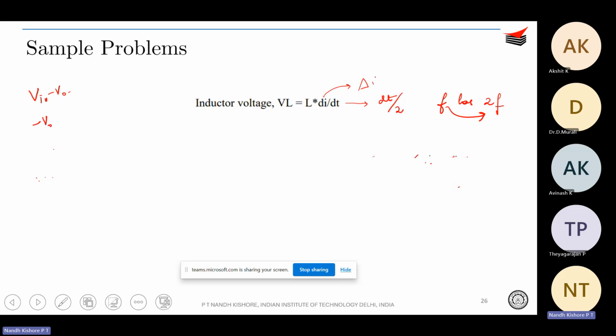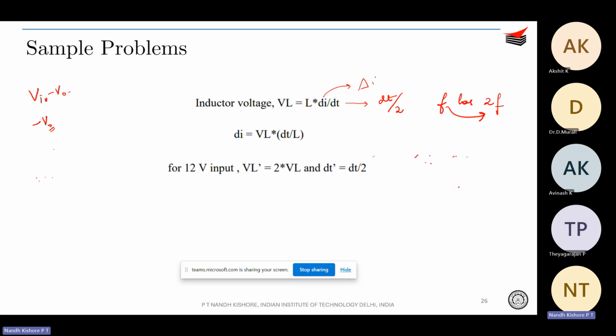So either way, this V naught has doubled. So you know that the VL is going to be 2 times VL and dt is dt by 2. So we substitute that over there. That is di is equal to VL into dt by L. VL has doubled, dt has halved. Therefore, the inductor value remains same.